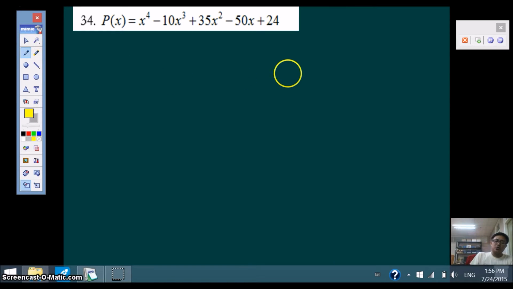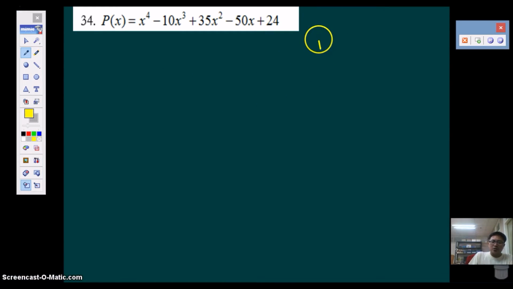But according to the rational zero theorem, the possible rational roots, or PRR, can only be the factors of 24 over the factors of 1, the leading coefficient of x to the fourth.